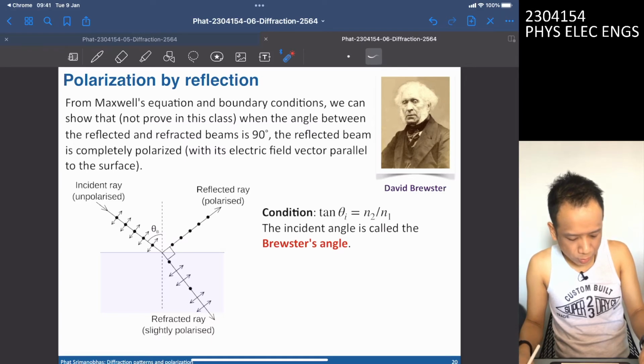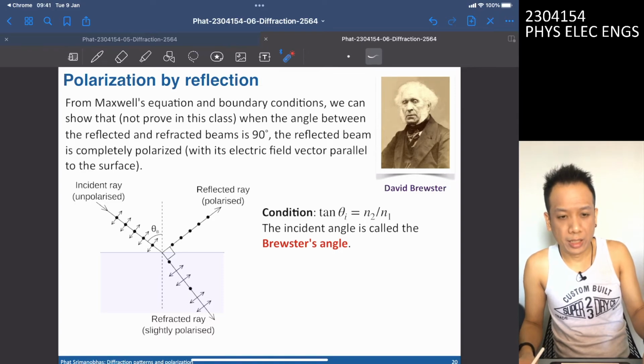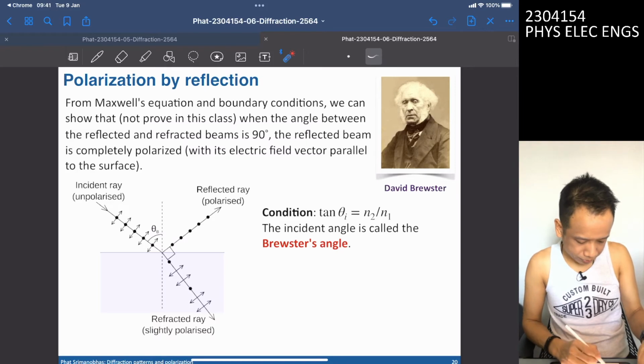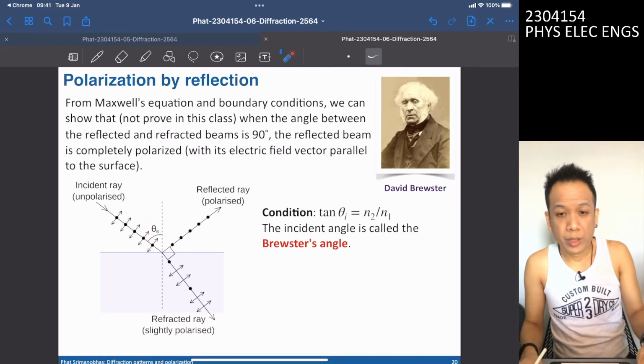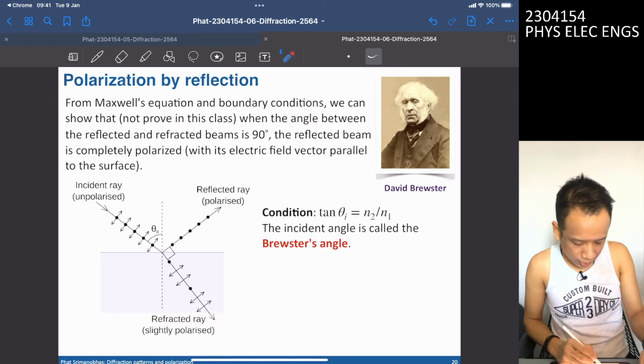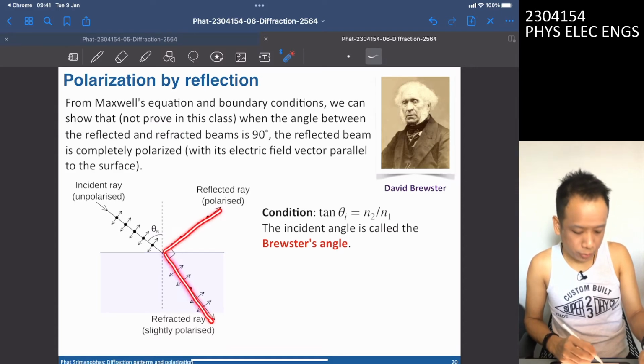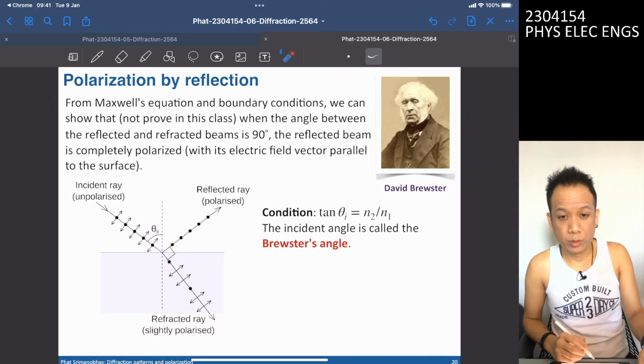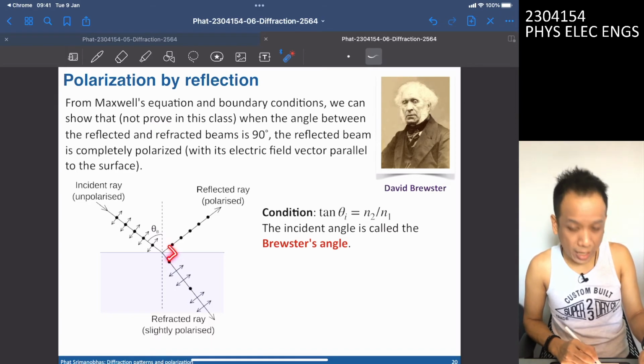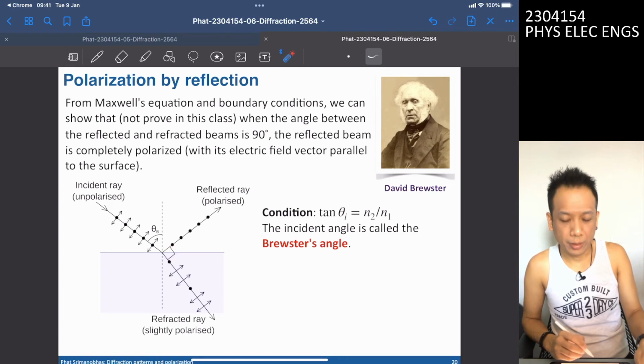If the incident ray comes in at what we call the Brewster angle, the reflected ray will be polarized, and the condition is that the angle between the reflected ray and the refracted ray is perpendicular, a right angle of 90 degrees.